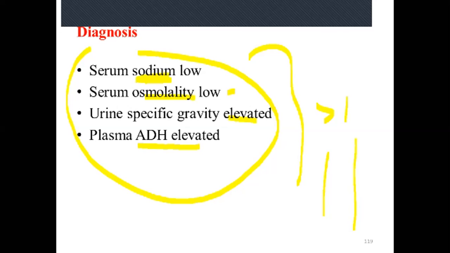So what do you think about the treatment modalities to manage this condition? The problem is excessive action and excessive production. So how do we treat this condition? Is there anyone who is willing to try?